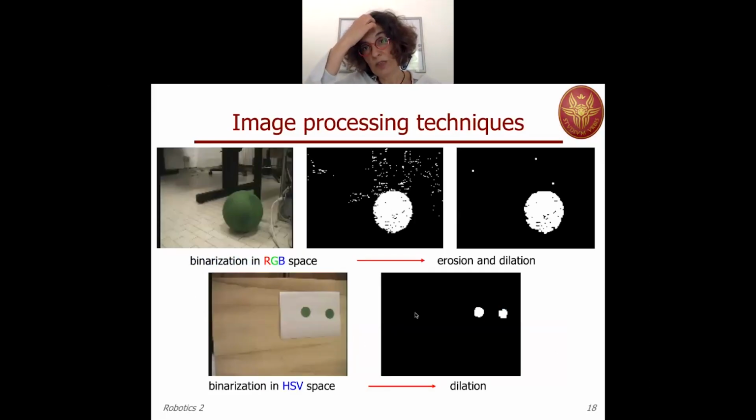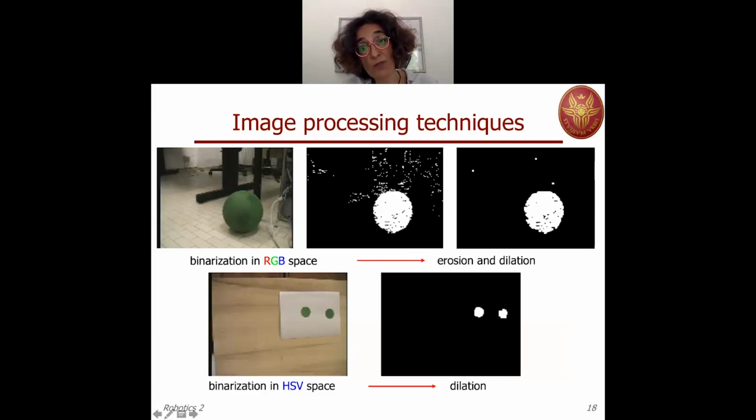The image processing technique, as said before, can be binarization. This is the simplest image processing procedure that we can perform. Binarization can happen either in an RGB space or in another color space, parameterized in a different way, such as HSV.